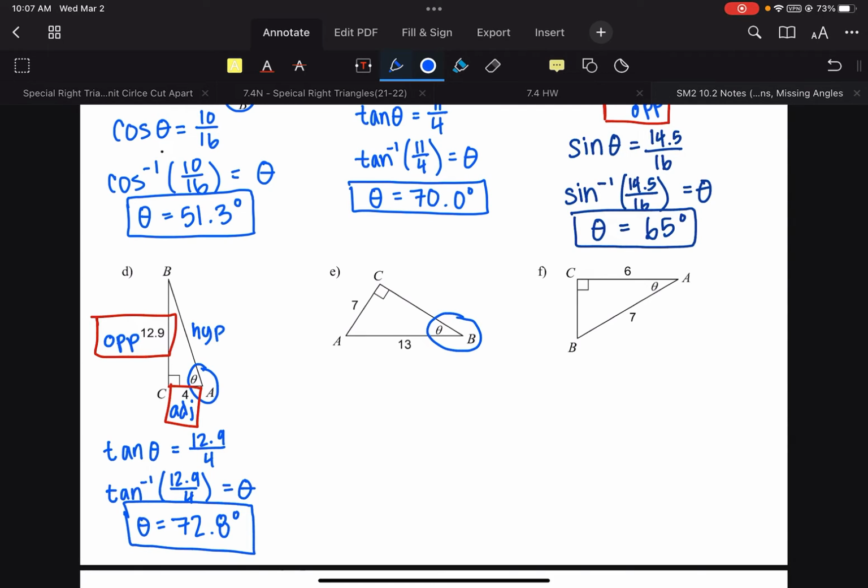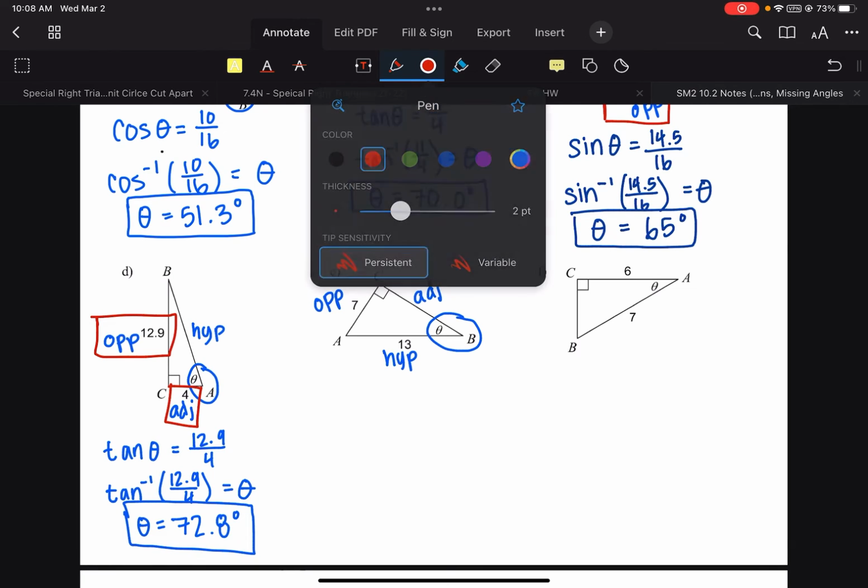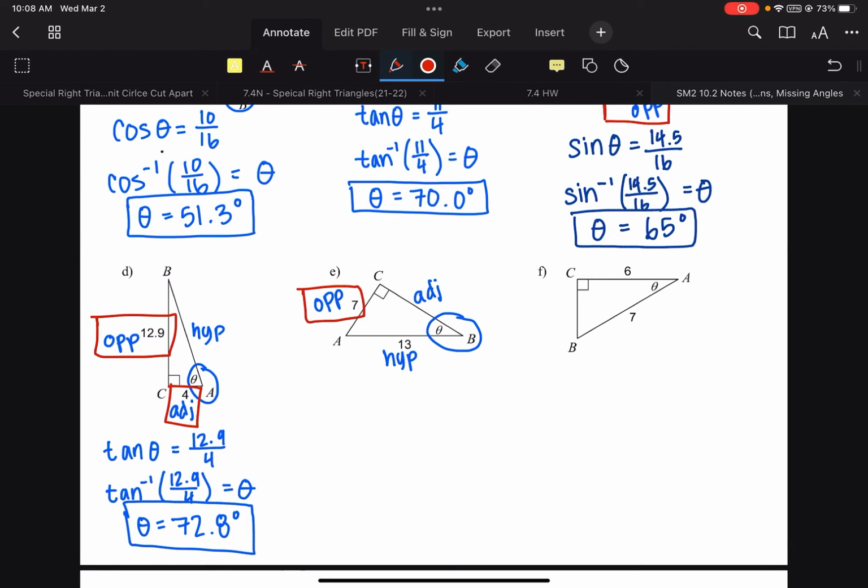Theta in my next one. Trying to find what angle B is. Label my sides first. So the side across from my right angle is the hypotenuse. Across from theta is opposite. And then adjacent. I know the opposite. And I know the hypotenuse.